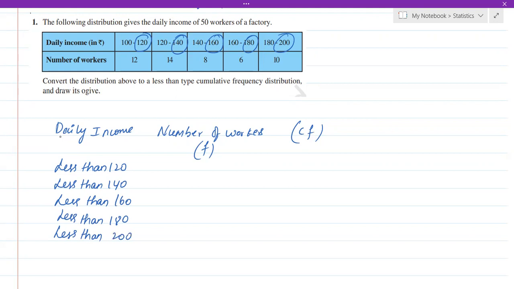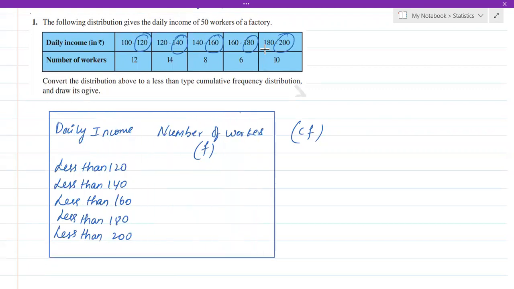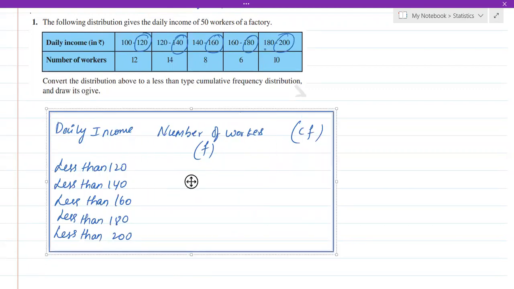Actually, we need not write this F. You can skip it, but to not get confused, I'm writing it. You can directly write CF whenever you convert into less than type, but we don't want to get confused, so let's include another column.